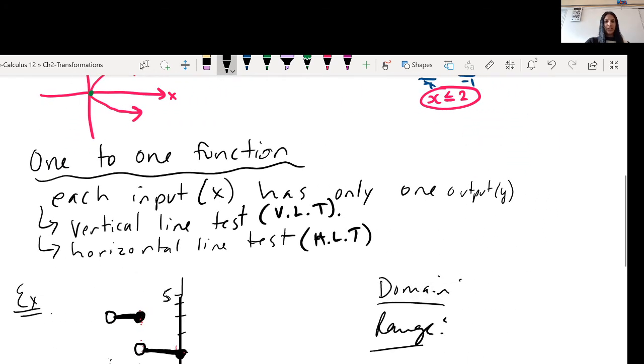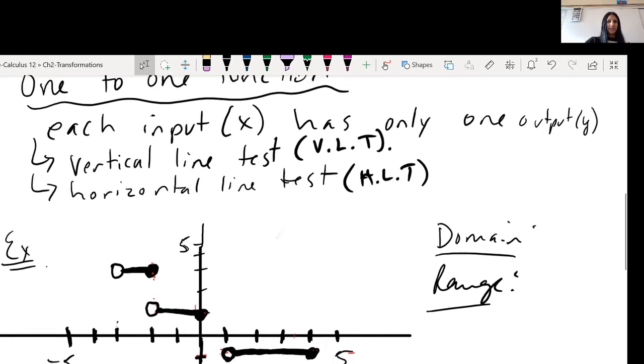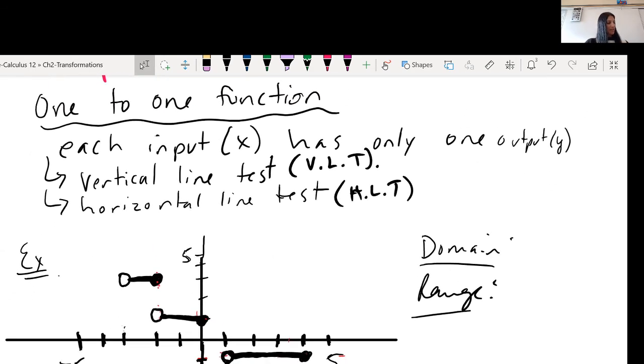So when I look at a graph like this, I want to figure out if this is a one-to-one function or not. Basically, what I'm trying to do is look to see if there's any overlap. The vertical line test would be if I drew a vertical line, is there anywhere on here that it would overlap? It looks like here could potentially, but if we look at it, notice how there's a colored-in circle there at x equals -2 and a hollow one at x equals -2.